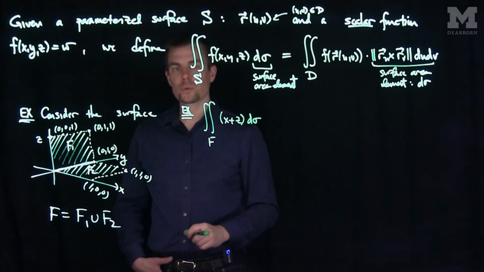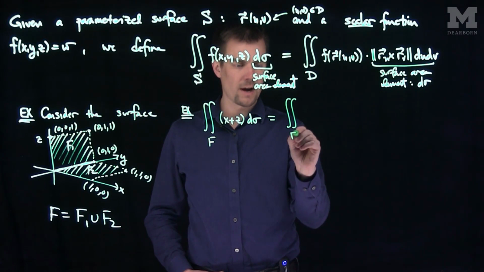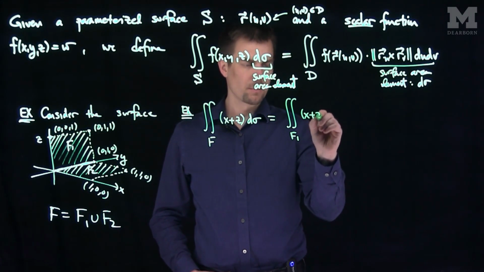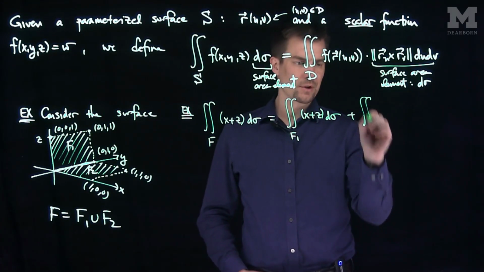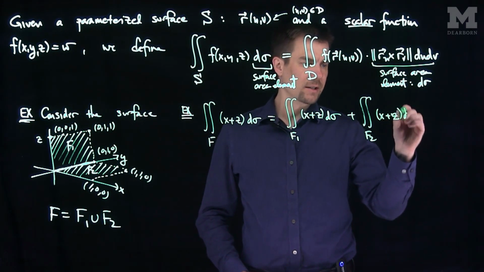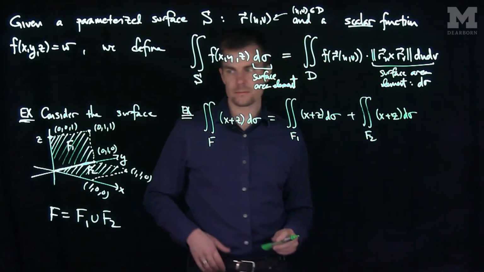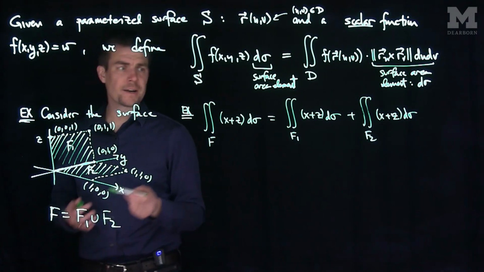This surface integral is really two surface integrals: the surface integral over F1 of x plus z d sigma, plus the surface integral over F2 of x plus z d sigma.